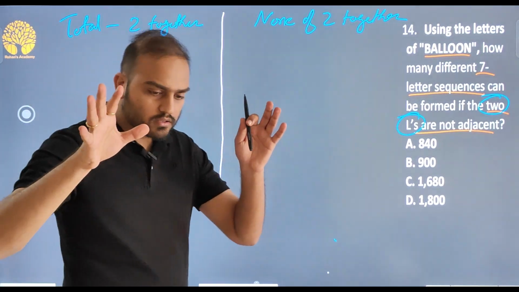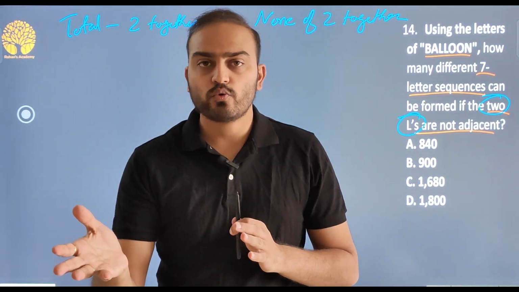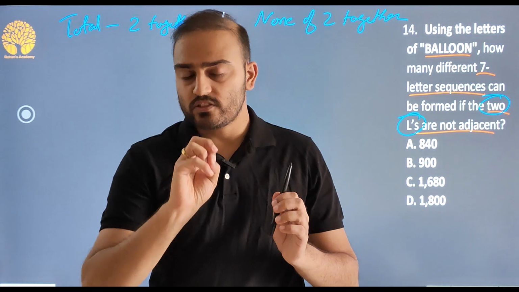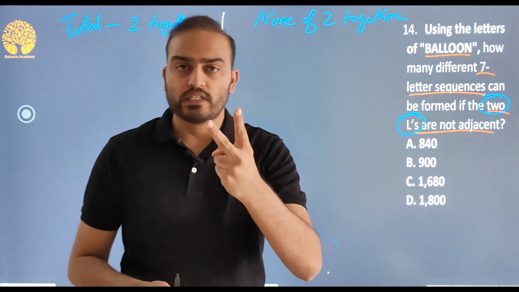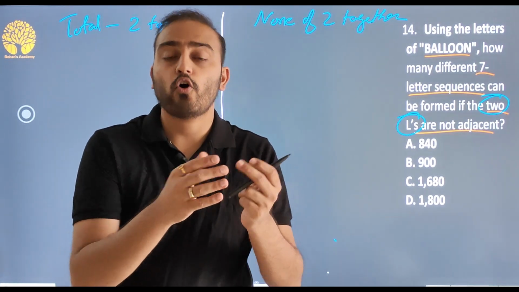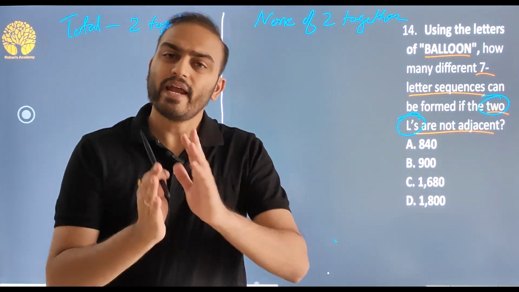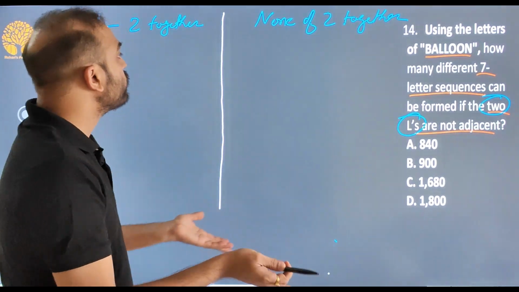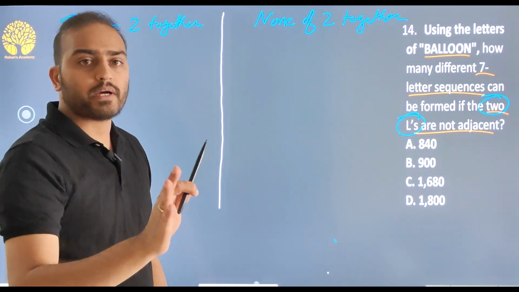Had there been 3 L's, then I would do total minus all 3 L's together, which would still allow 2 L's together. But here, because I have only 2 L's, total minus 2 L's coming together, or none of the 2 L's coming together, means the same. You apply either of the methods, you'll get the same answer.